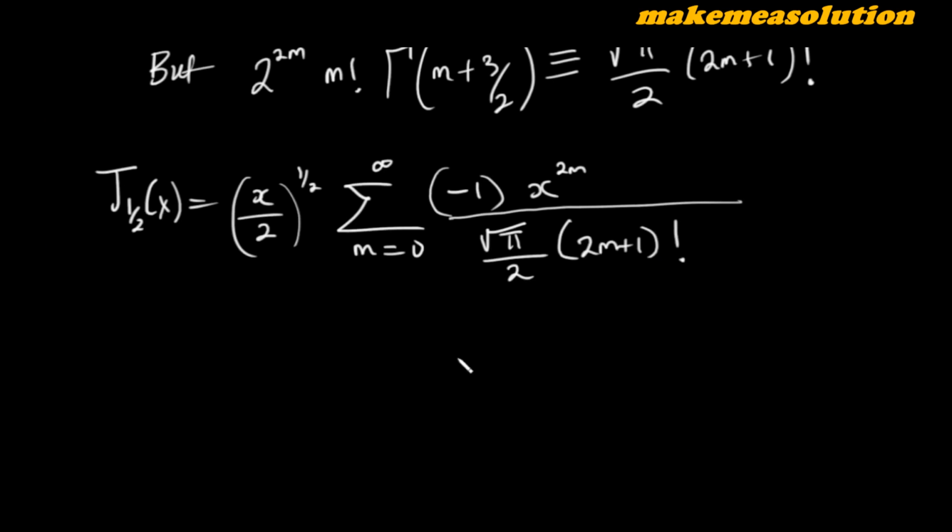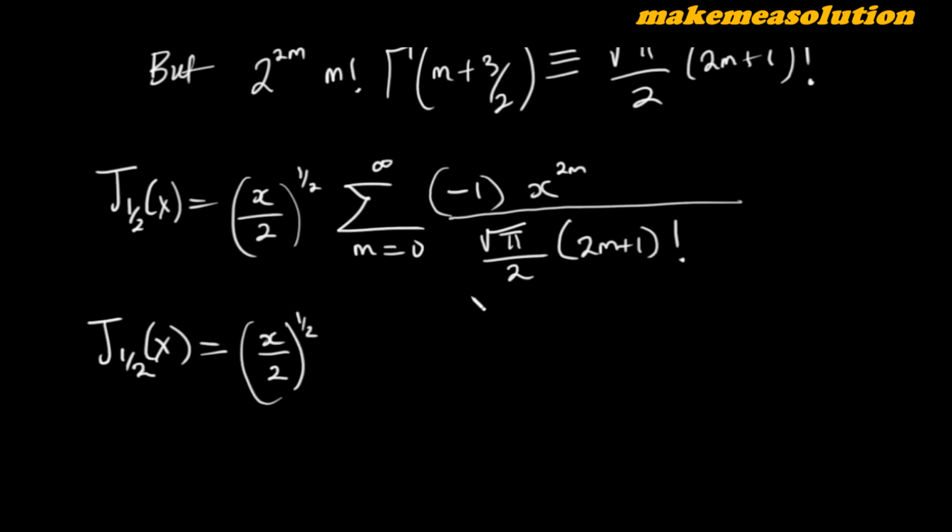The next thing for you to do, from experience in solving this particular question, is to introduce something that is unusual to this formula. Before we do that, let's simplify a little, and I'll show you when we have to introduce that. So J of 1 over 2 of x is x over 2 to the 1 over 2.